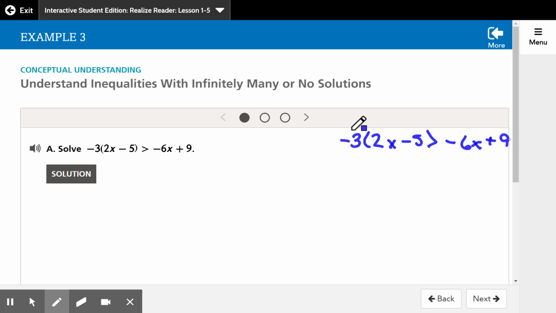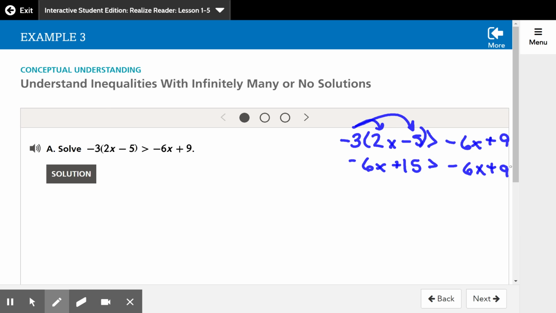So the first thing you want to do is to distribute, because you want to get rid of that parenthesis. So we got negative 6x. Be careful here, negative 3 times negative 5 is a positive 15, is greater than negative 6x plus 9. Now, notice that I multiplied by a negative, and I did not switch the inequality symbol.